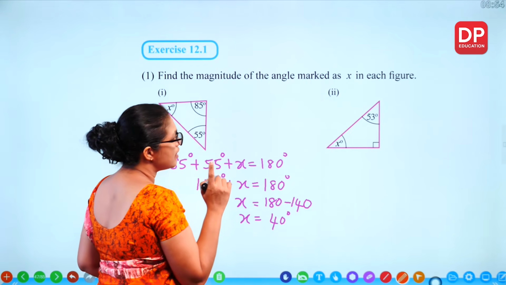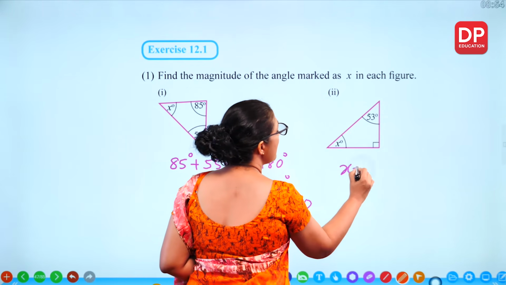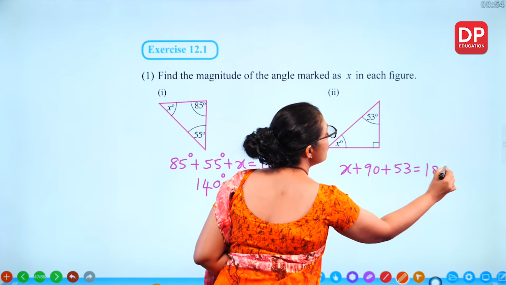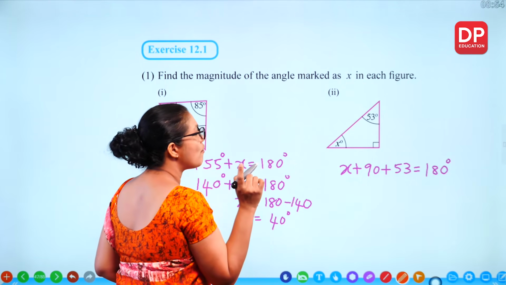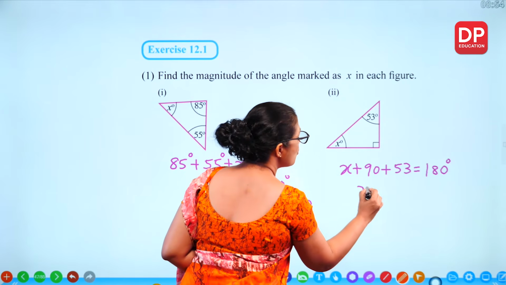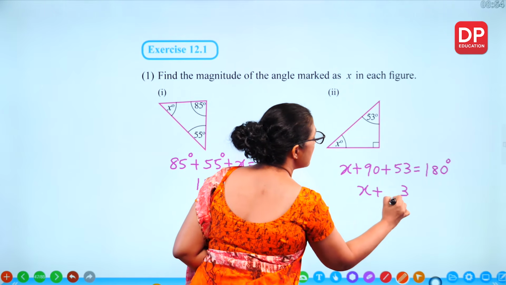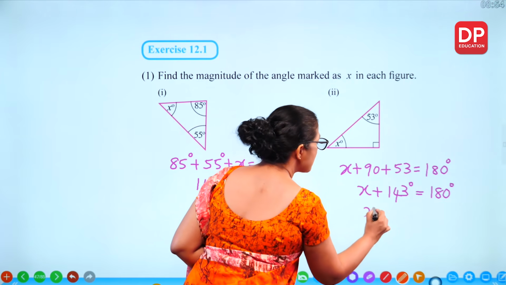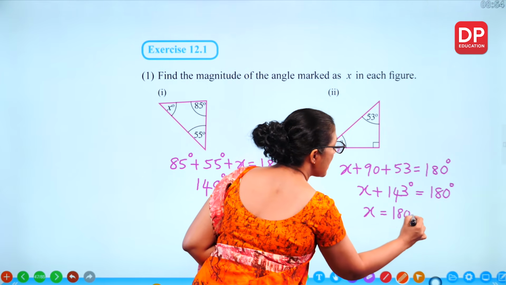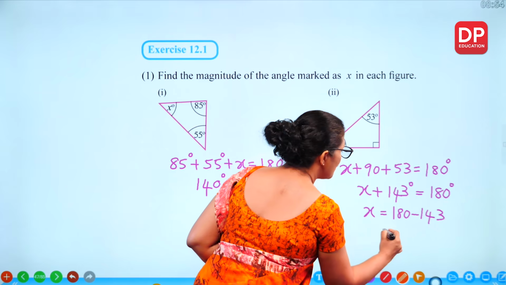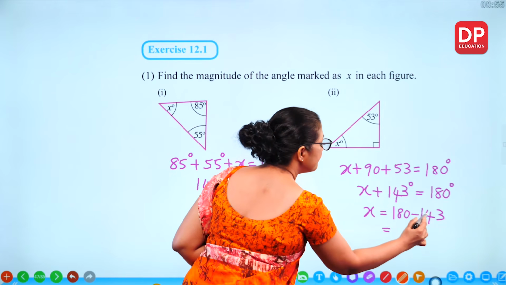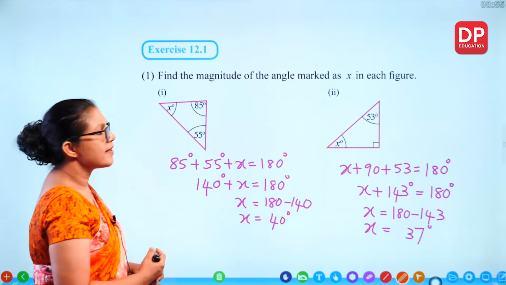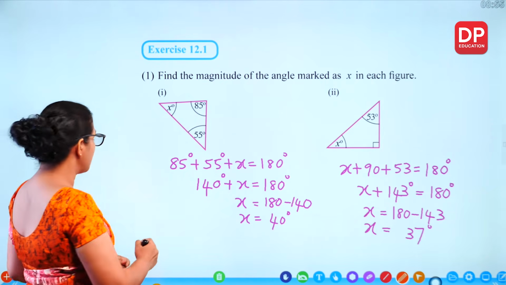This one, a right angle triangle. So x plus 90 plus 53 is equal to 180, angle sum of a triangle. So these two, you get 143. Subtract 143 from both sides. What you get? 37. So x is 37 degrees.